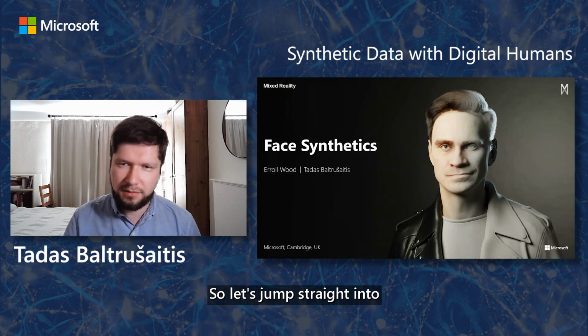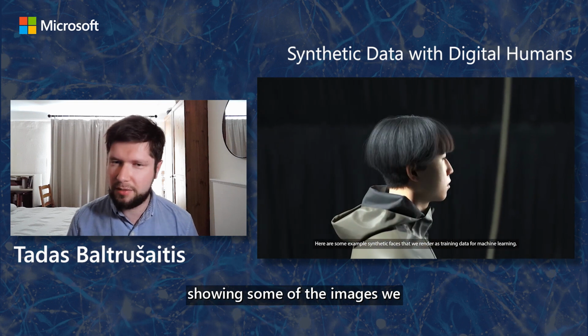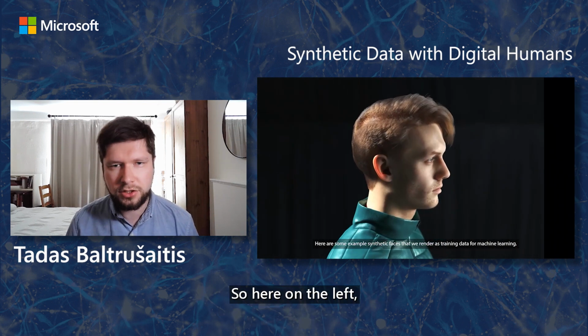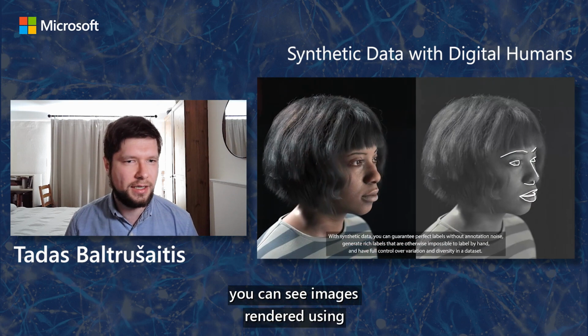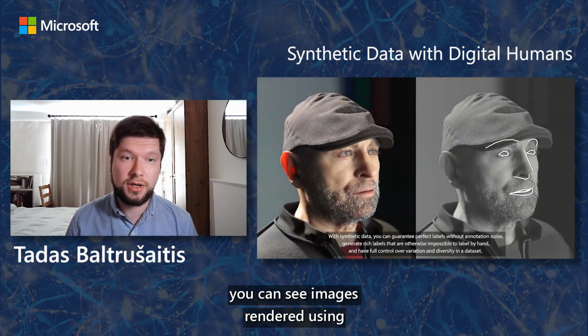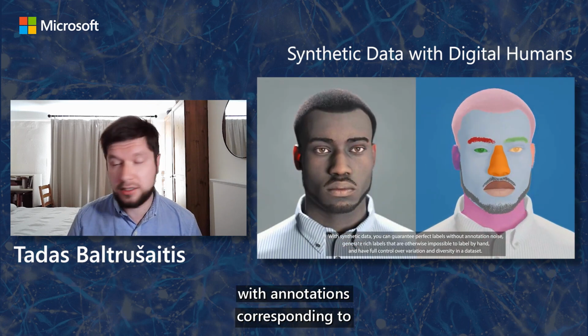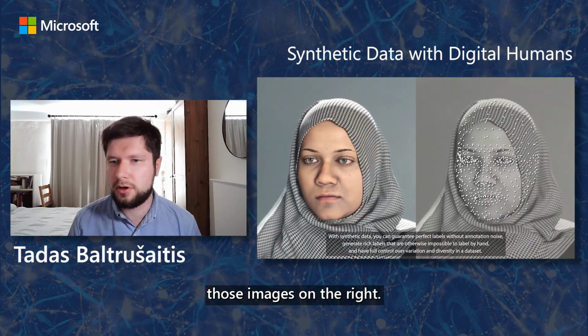So let's jump straight into showing some of the images we can generate using our synthetic framework. Here on the left, you can see images rendered using our face synthetics framework, together with annotations corresponding to those images on the right.